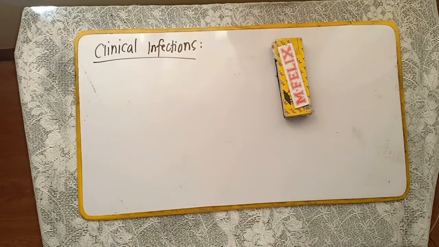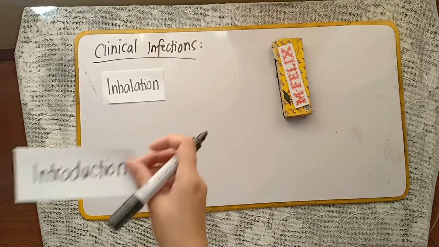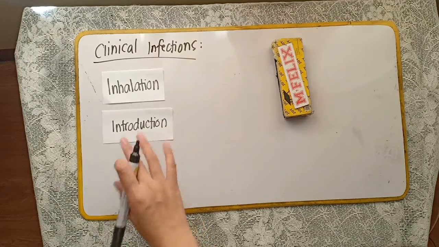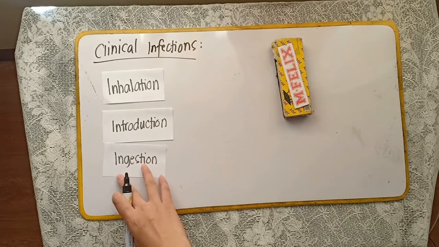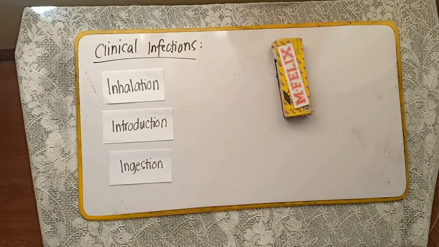Now, let us go over the clinical infections caused by your anthrax bacillus. Humans can acquire the infection when they are inoculated with the spores, either by inhalation, traumatic introduction, or ingestion of the spores.